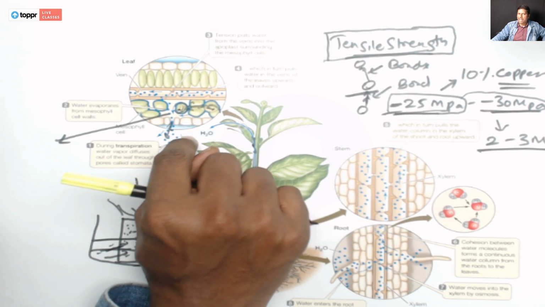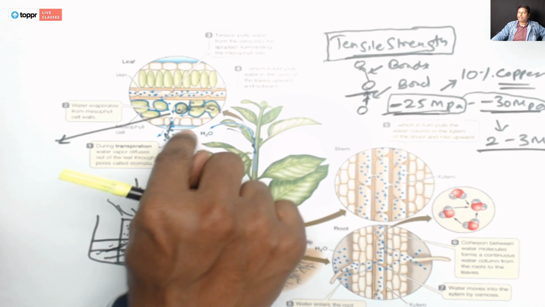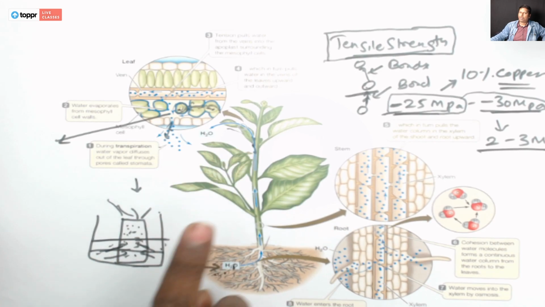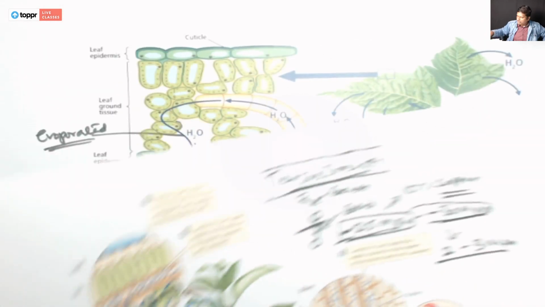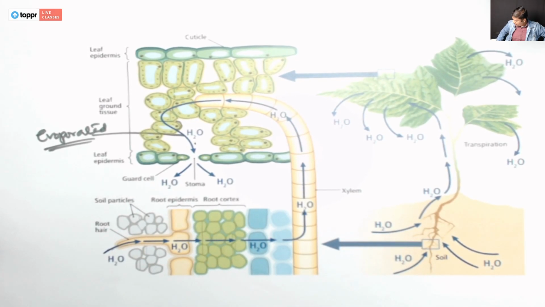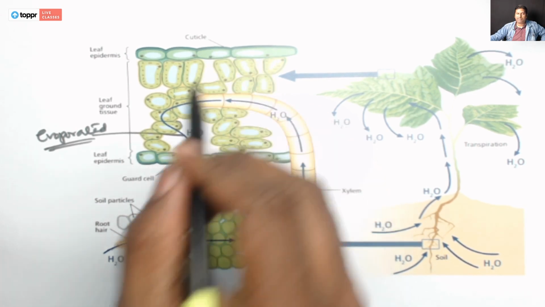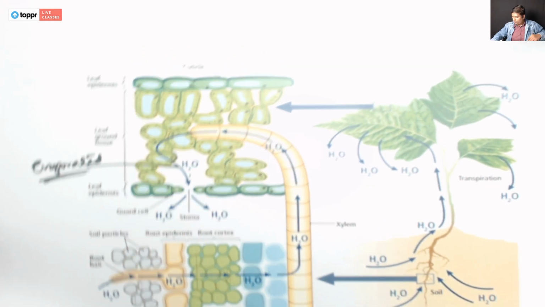This is the main reason why the water can actually reach such enormous heights. This is the theory which is mainly accepted now, because of which it is accepted that the water will reach the top regions. So that is about the three theories.